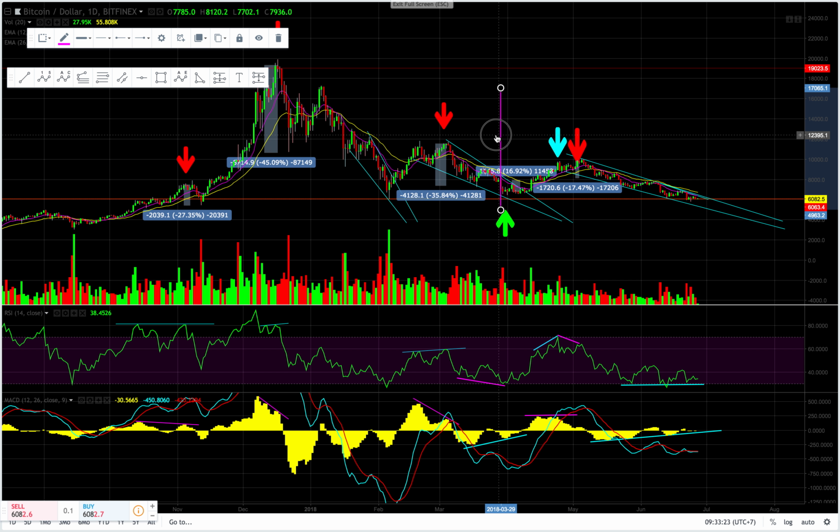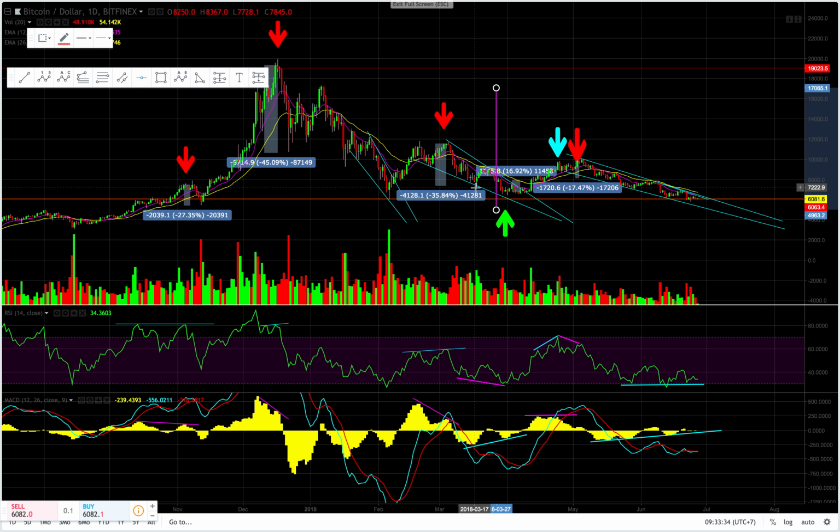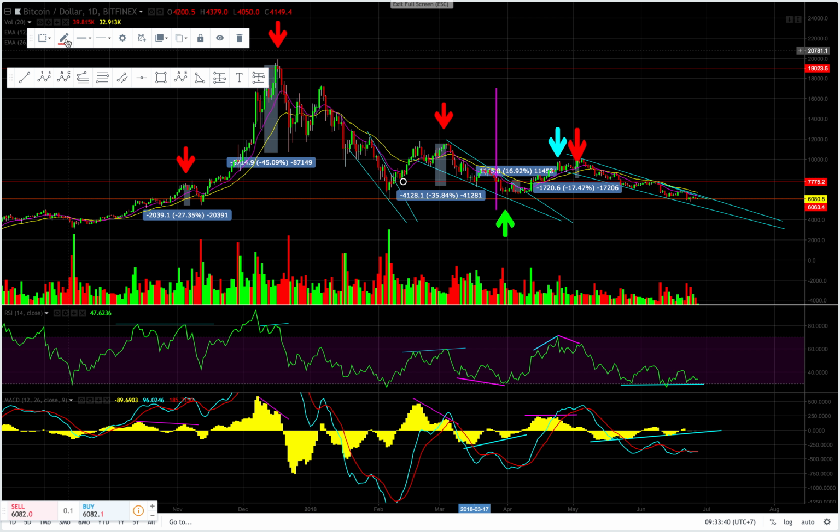Move that over here. So let's say we'd have taken this level, and then we're assuming that we chose this as the highest point. So let's take this low over here, and let's make that a bit fatter.